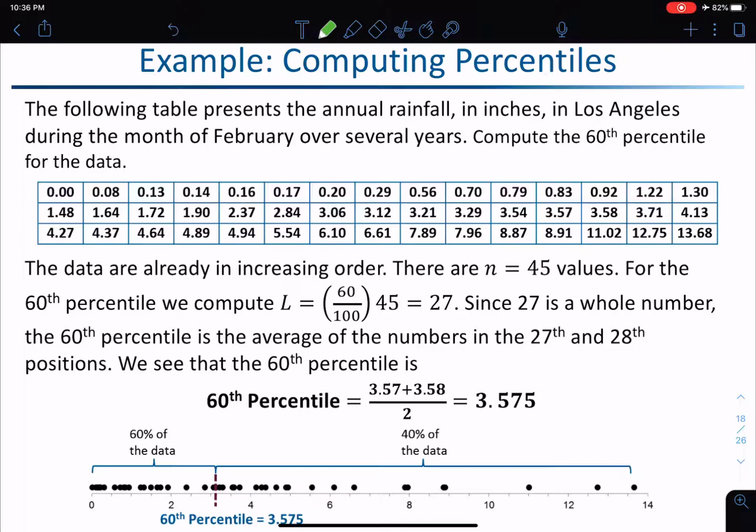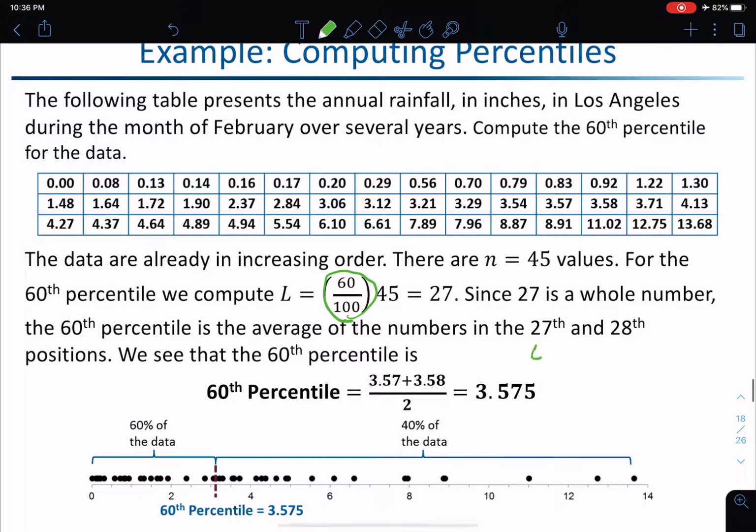For the 60th percentile, what we do is we compute L. See how they're writing this in the way of 60 out of 100? But we're just going to do this. If I was doing this problem, I'd write L equals 0.60, that's 60 hundredths, or just 0.6, you don't have to have the 0, and then multiply it by 45.